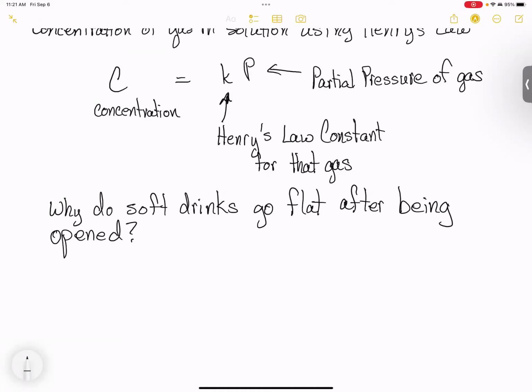Now, if you look at Henry's law constant, it's very easy to understand why the gas escapes.